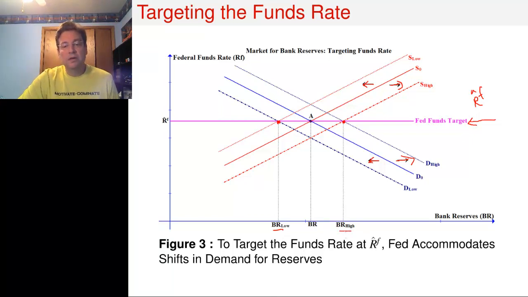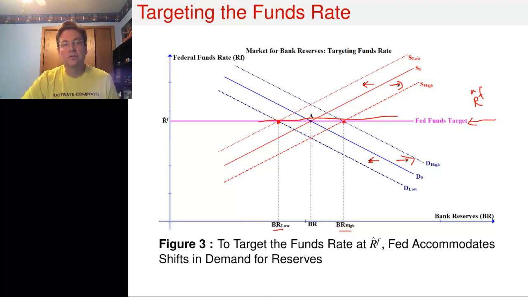They basically are supplying whatever level of reserves is needed to maintain this federal funds target. So effectively, the supply curve for reserves is just perfectly elastic, because that's how you would guarantee that whatever happens to demand doesn't have any effect on the federal funds rate.